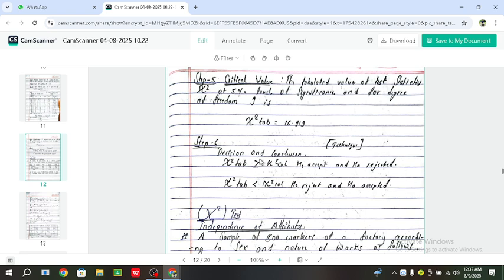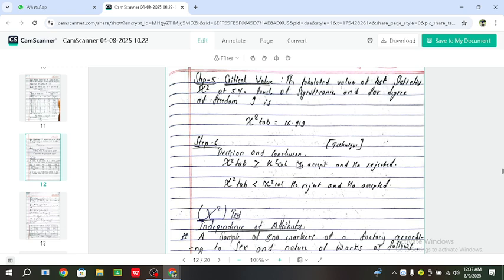So I discuss the conclusion, which should be like this. If the chi square tabulated value is greater than calculated, then we accept the null hypothesis, as I already discussed in numerical first, second, third and fourth.